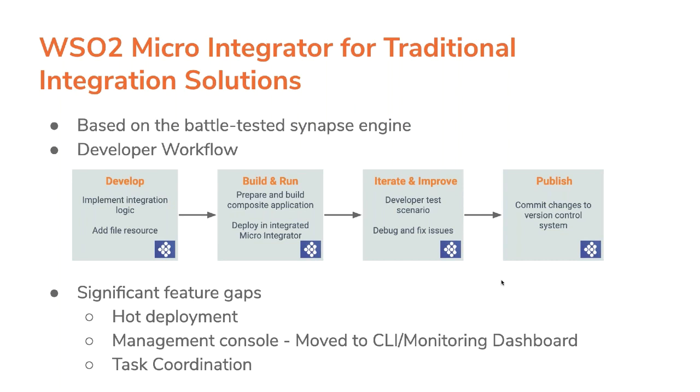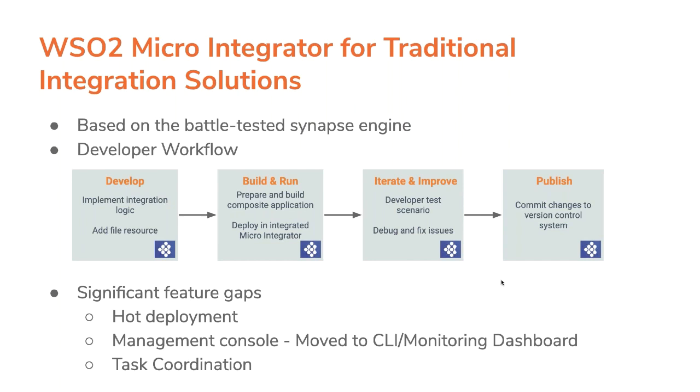Another feature that will be missing is task coordination. When you're using the micro integrator as a product with multiple nodes, you would be expecting these micro integrators to work with coordination.